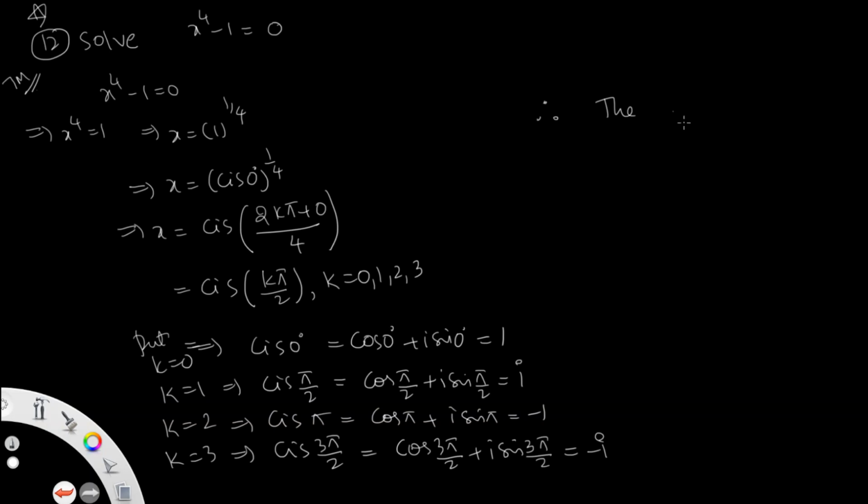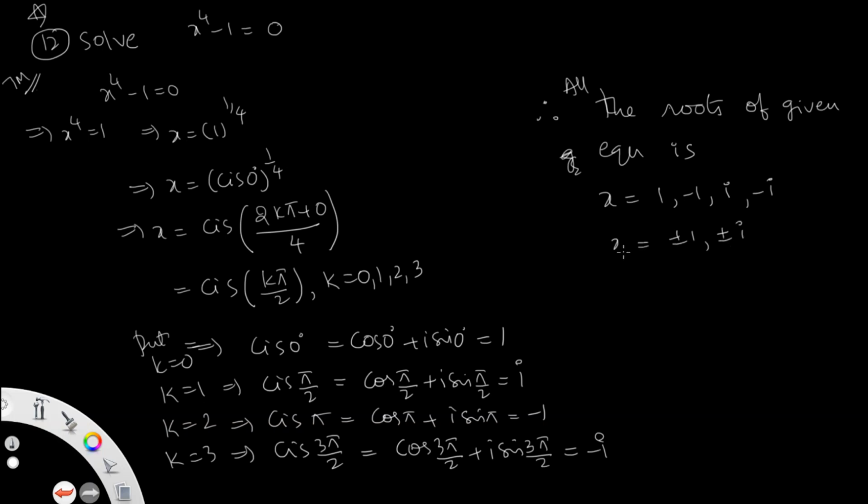Therefore, all the roots of the given equation are x equal to 1, minus 1, i and minus i. That is, x equal to plus or minus 1, plus or minus i. This carries 7 marks in the IPE.